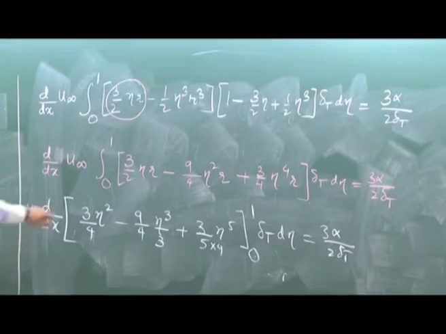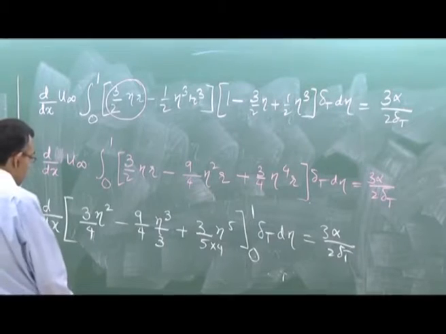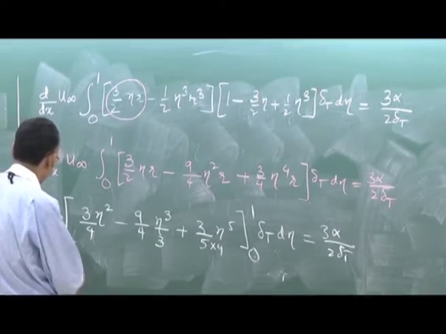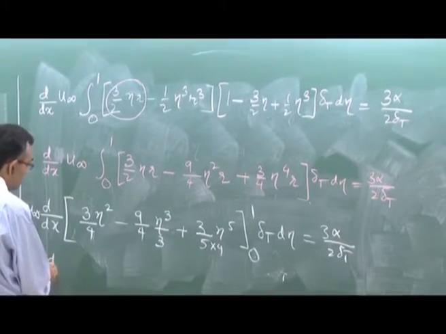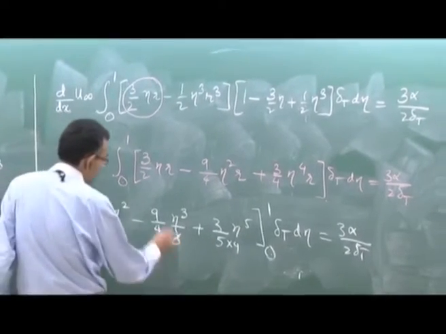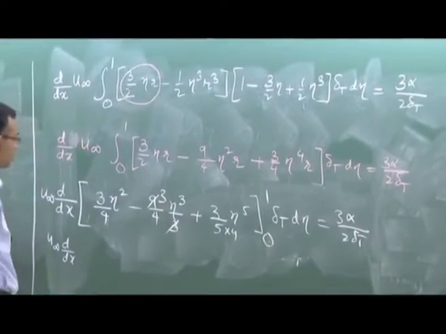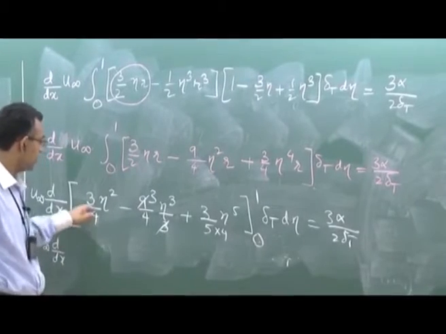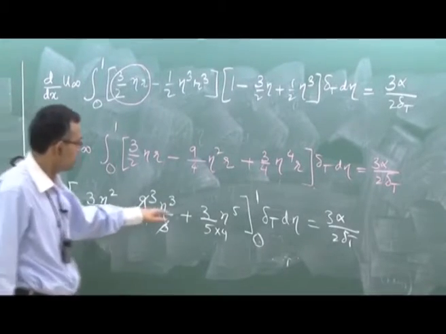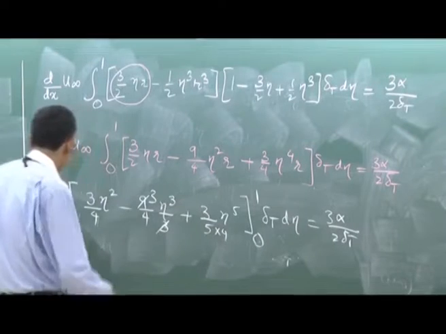Can you quickly do it and tell me what is the value? So these two cancel, right? So 3 by 20.